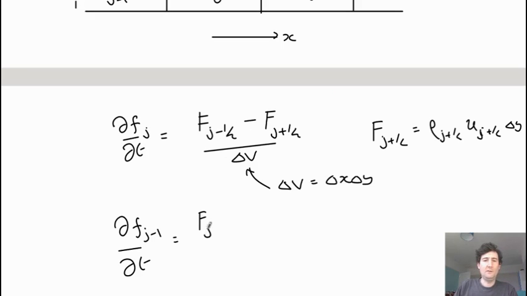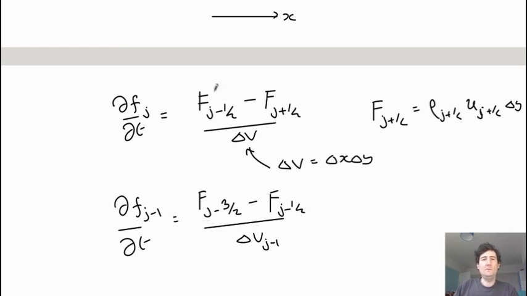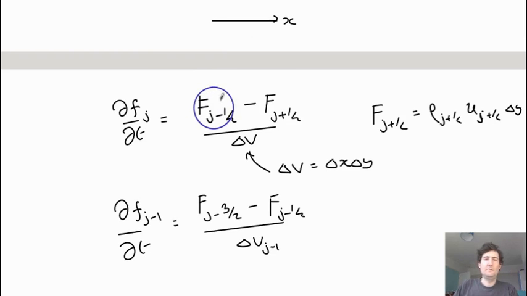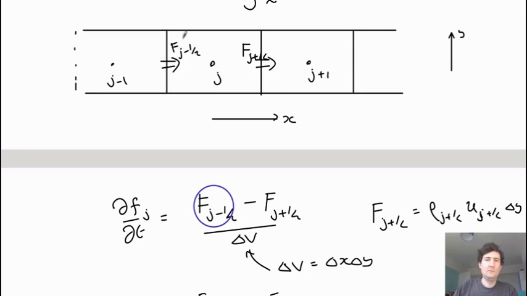So we have F at j minus 3 over 2 minus F at j minus a half, divided by delta v. This is the volume of the j minus 1 cell. And so this flux here is this flux on this boundary here.